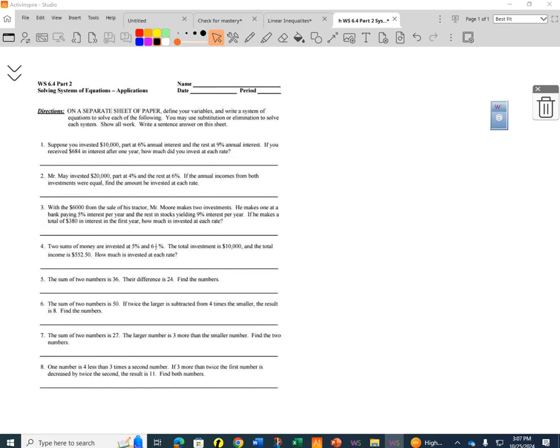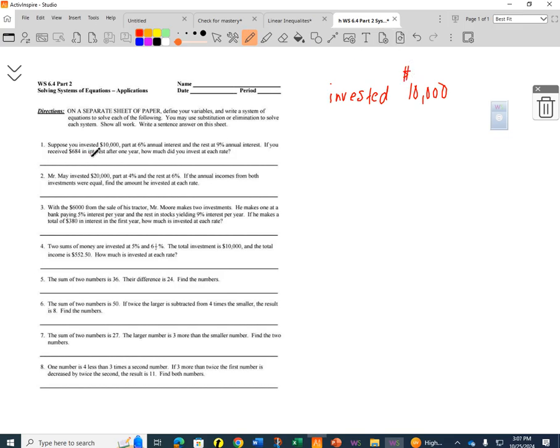And it says, suppose you invested $10,000, part at 6% annual interest and the rest at 9% annual interest. If you received $684 in interest after 1 year, how much did you invest at each rate? So you have to really think about the question. We know they invested $10,000 total, right?